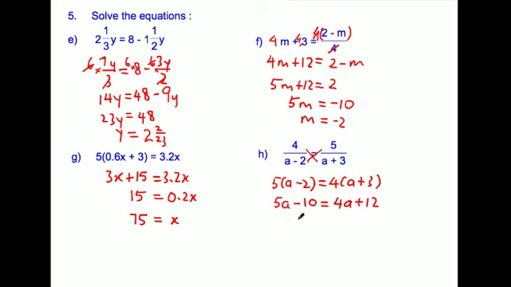Next, we remove the 10 by adding 10, add 10 to give 22. Subtract 4a, subtract 4a to give a.